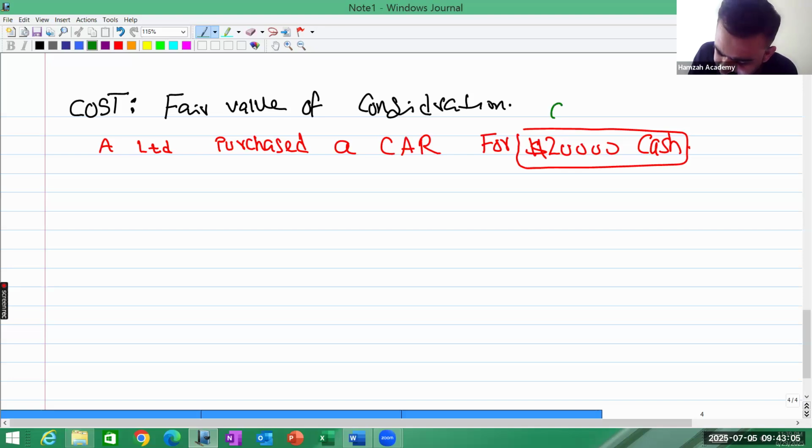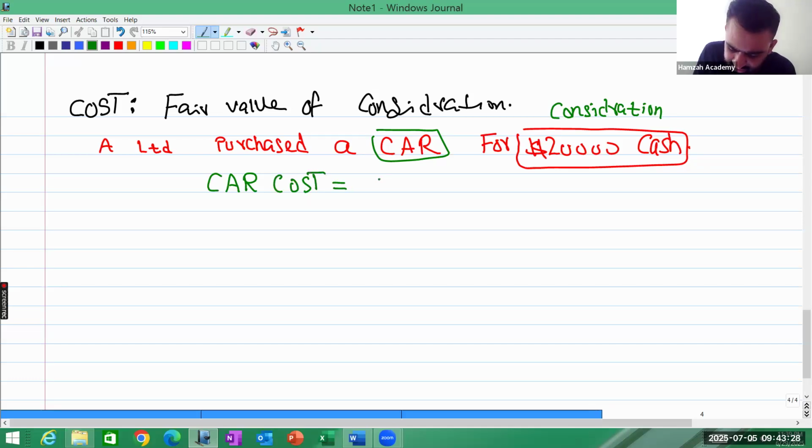Now the cash is the consideration. Cash is the consideration for the car. Now, if someone asks me what the car cost is, my answer will be very simple: the cost of the car is $20,000.